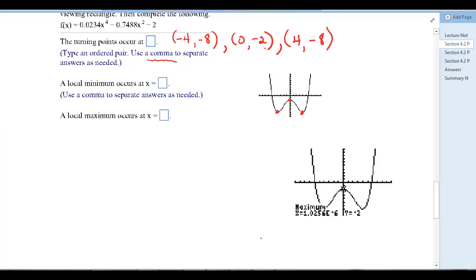All right, so now it says a local min occurs at x equals -4 and +4. The local max occurs at x equals 0.